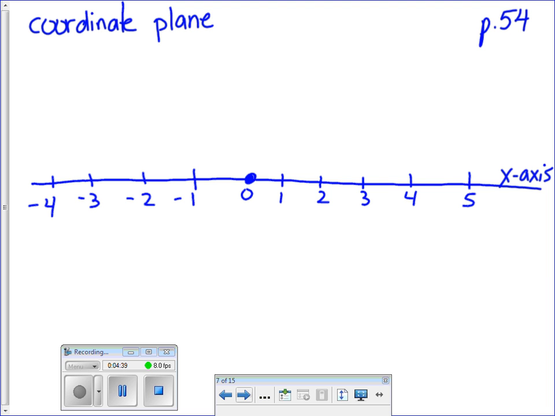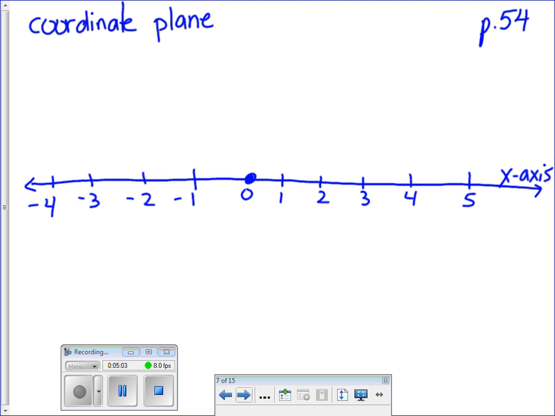And we can put arrows here because we know that our number lines continue forever. So that's our first coordinate. To find our first coordinate, we slide across the x-axis.